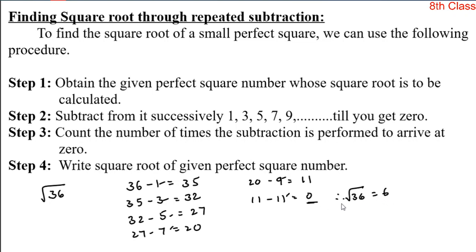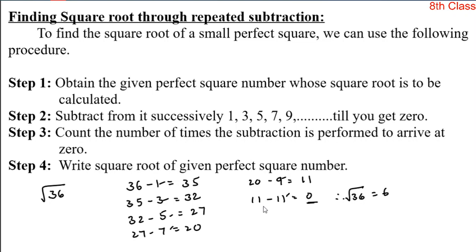This is the simplest method of finding the square root of a perfect square number, but it is convenient for small numbers only. Why? Because here we are doing repeated subtraction. If you take large numbers, this process is lengthy and time consuming.